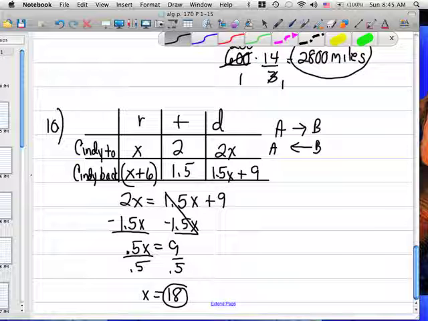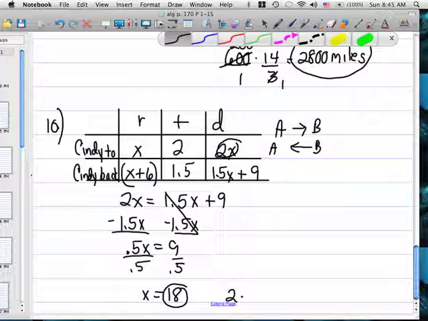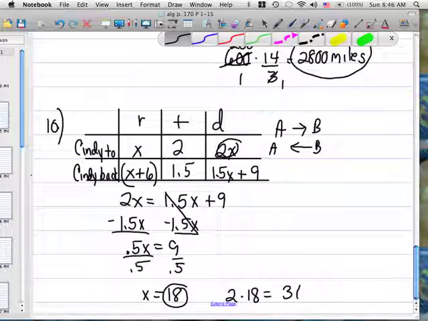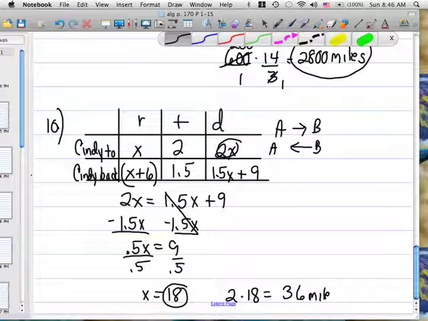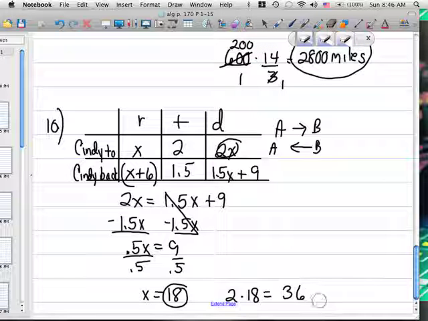That's her speed. So if I want to find the distance, I need to take the time and multiply it by her speed. So 2 times 18. The distance from Abbott to Benson is 36 miles. Or kilometers. I think it was kilometers.